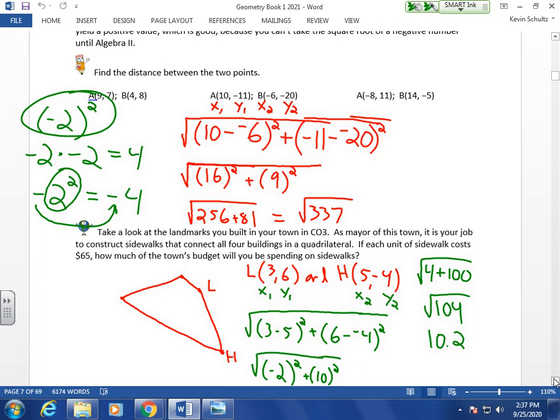How would you find that, Audrey? Yep, 10.2 times 65. Okay, which is going to be 670 something or something like that. 663. Okay, so it'll cost about $663 for this section.